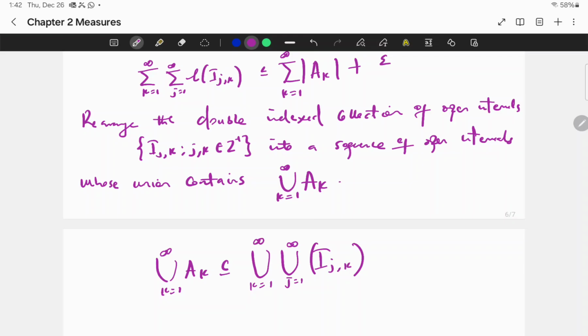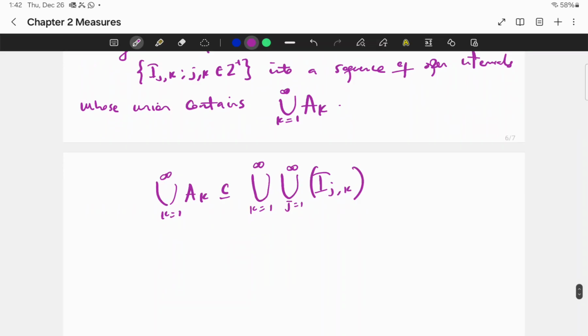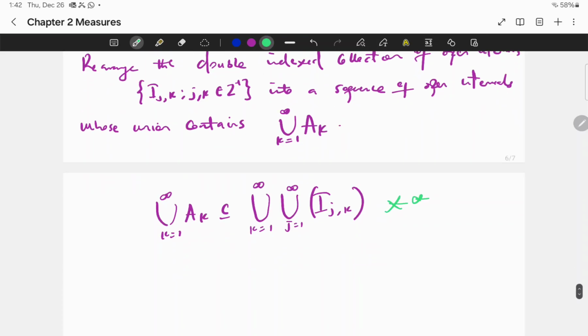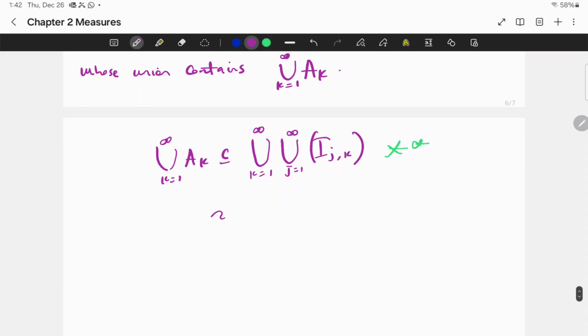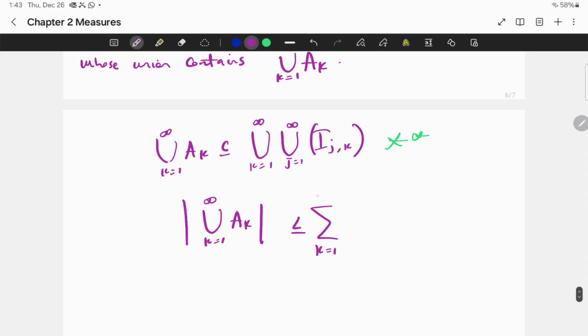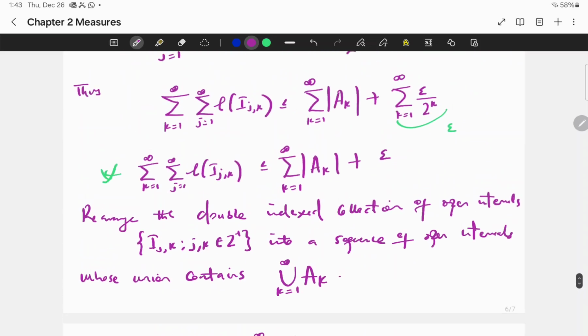So if that holds, that means that we can now substitute at this point. So with that, we have the outer measure of the union of A_k, k equals 1 to infinity, is less than or equal to what we have on the right hand side: the summation k equals 1 to infinity of the outer measure of A_k, plus epsilon.